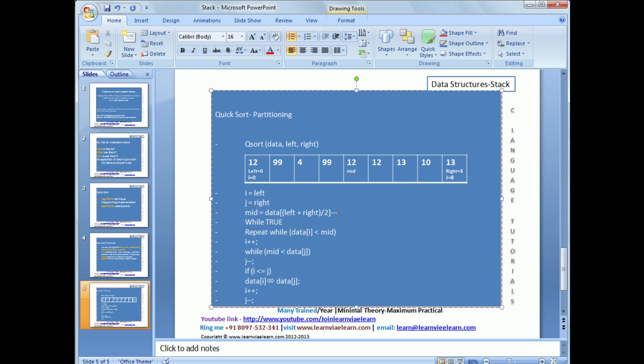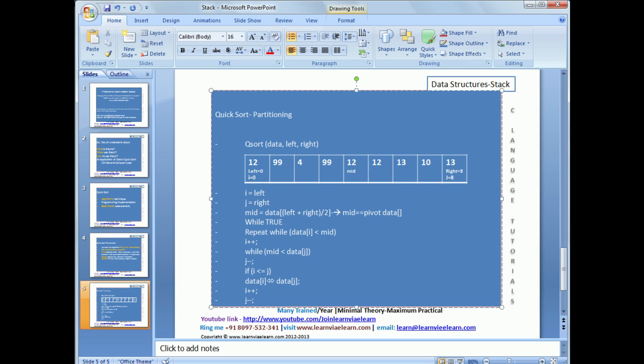So let me write one thing: please consider mid as a pivot element in our case. So what would be the value of mid here? It is the sum of left and right.